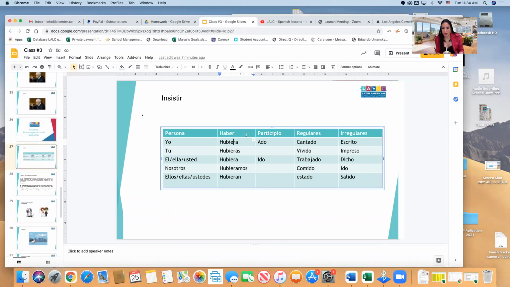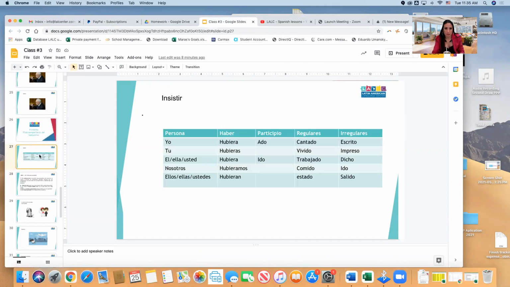Present subjunctive is only one, not compound: que tenga, for example, or tuviera in the preterite subjunctive. This is compound, so it has two parts, like haya, that we saw in the last video, haya ido or haya tenido, and hubiera. Let's see hubiera by itself, and then I can explain the actual difference together.